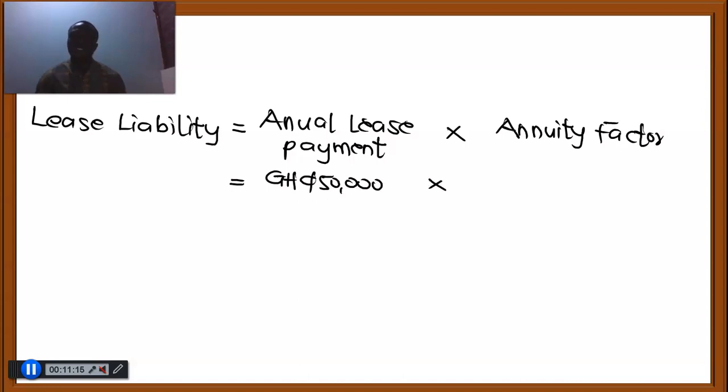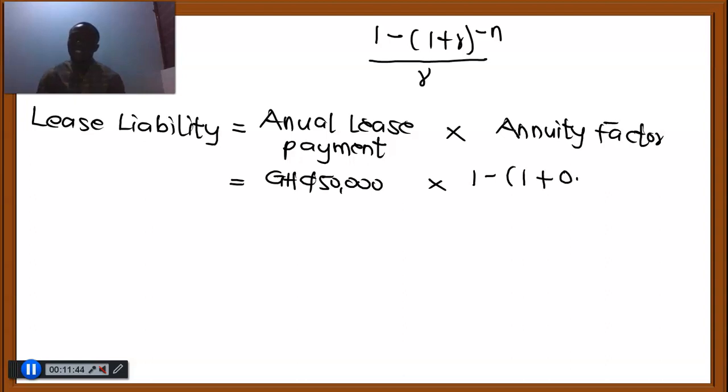The formula for finding the annuity factor is 1 minus (1 plus r) raised to the power negative n, all over r, where r is the interest rate implicit in the lease and n represents the number of future lease payments remaining. In this question, we have our interest rate implicit in the lease to be 5%.